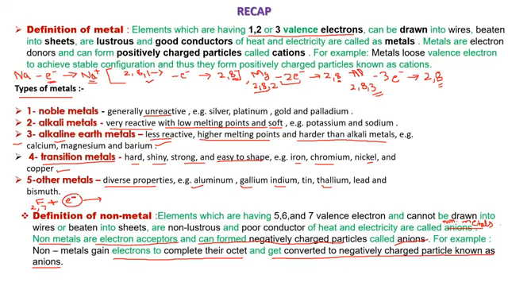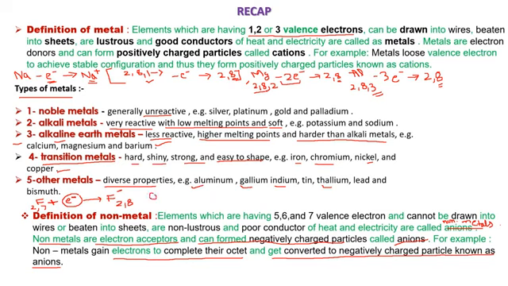After gaining an electron, the configuration of fluorine will be 2 and 8, right? Because it has gained an electron, the charge will be negative. So it becomes negatively charged, so it becomes an anion. Let's take the case of oxygen.